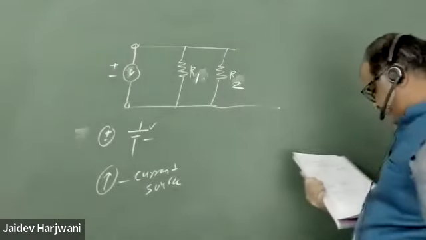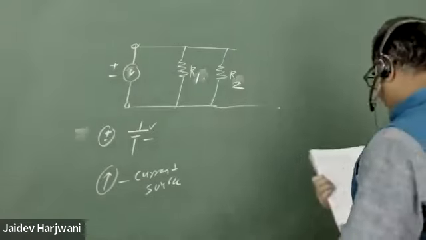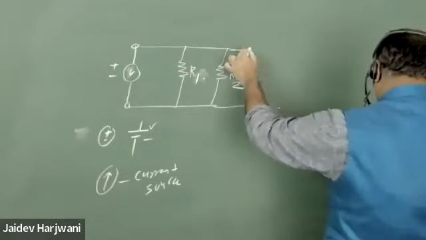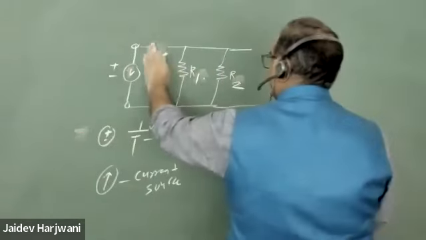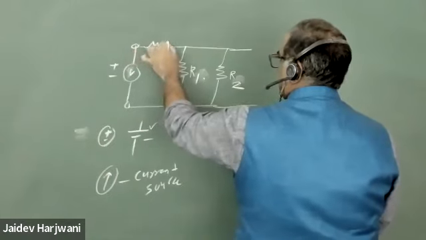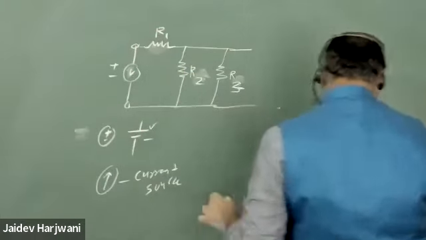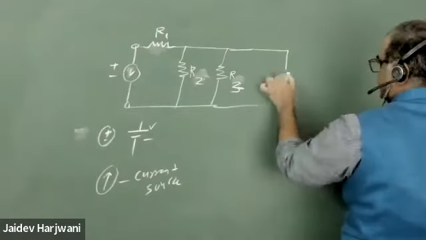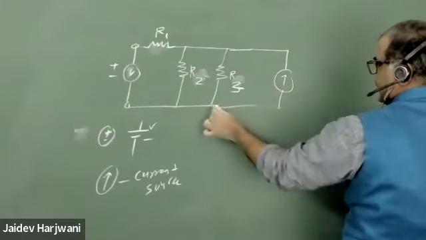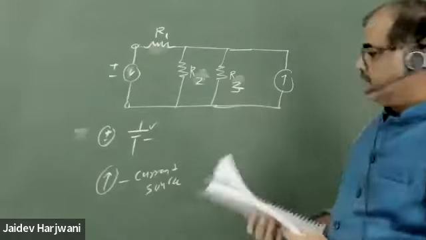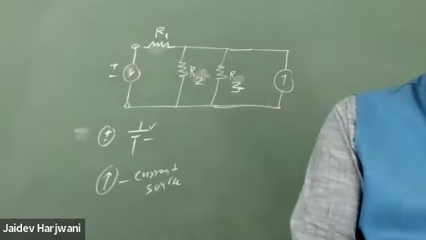I'm changing the circuit. One minute. Okay, so R1, R2, and I put one more resistance here, R3, and this is a current source. Now please count how many.